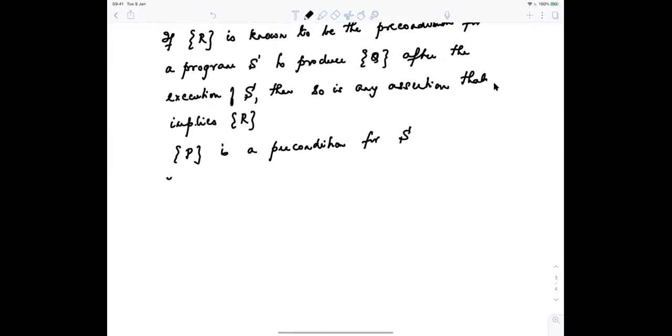Let us again take an example. Suppose we have this declaration again, the variable declaration as before.